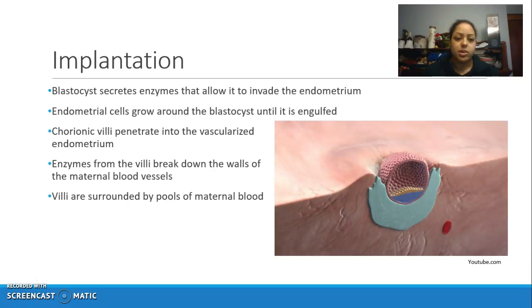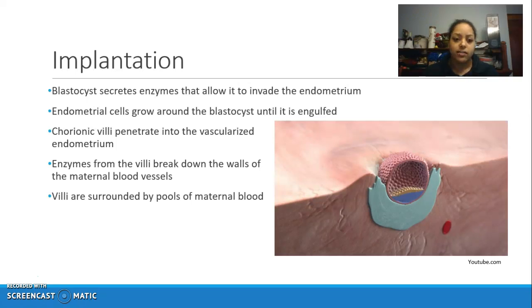Now we will look at the process of implantation of the developing embryo in the uterine wall. So the blastocyst will secrete enzymes that allow it to invade the endometrium layer of the uterus. The endometrial cells will then grow around the blastocyst until it is completely engulfed within the endometrium.